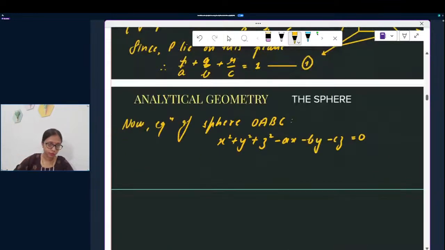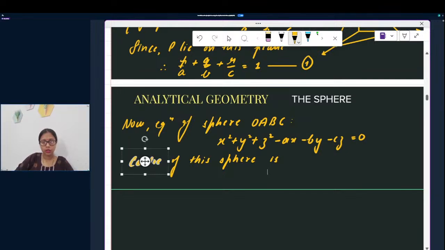What is the center? Center of this sphere is... just give me a second.